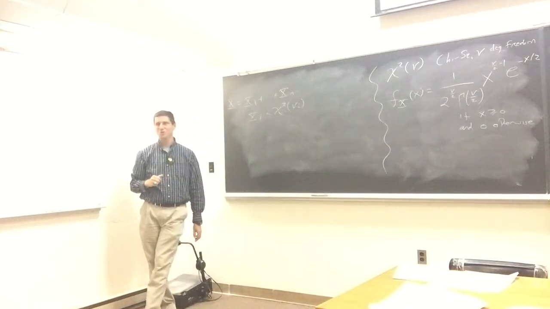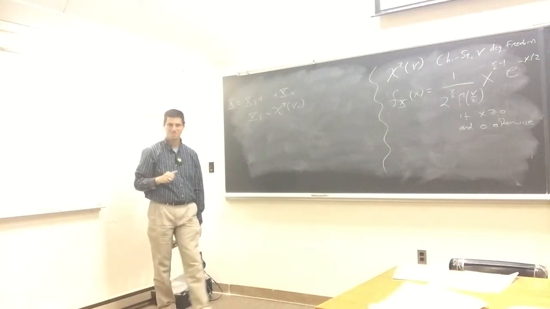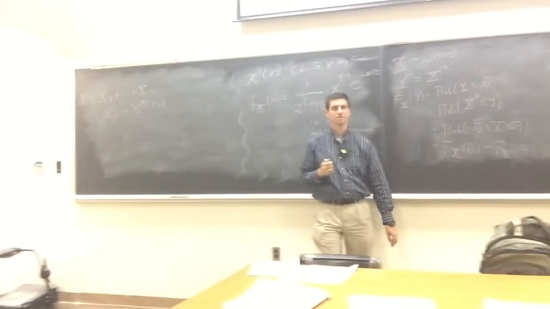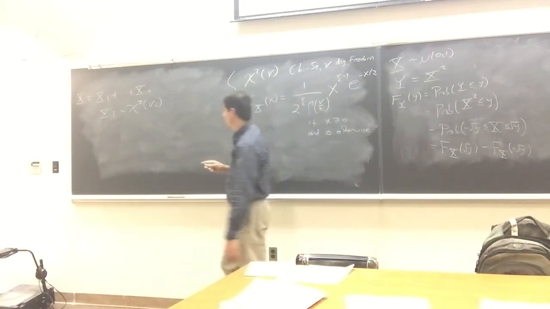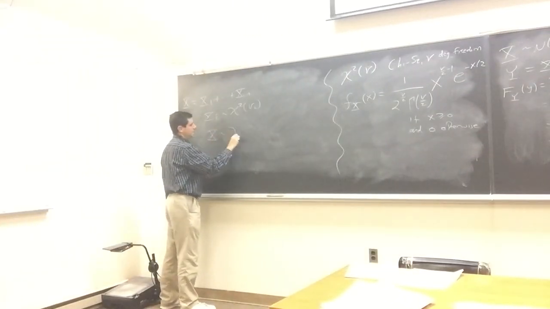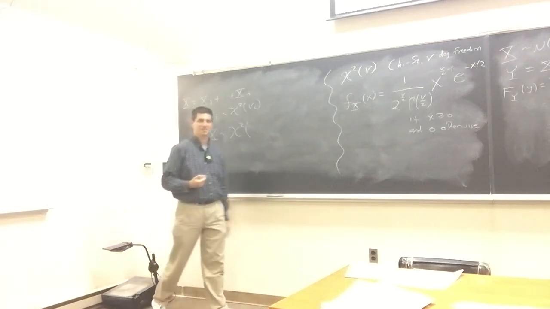Anybody want to guess what kind of distribution the sum of chi-squared random variables has? What would you guess? I'm sorry? Chi-squared, but that's not enough. So we guess x is chi-squared. You have to tell me how many degrees of freedom. Which chi-squared is it?